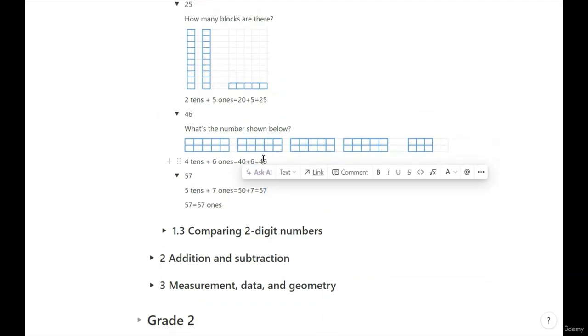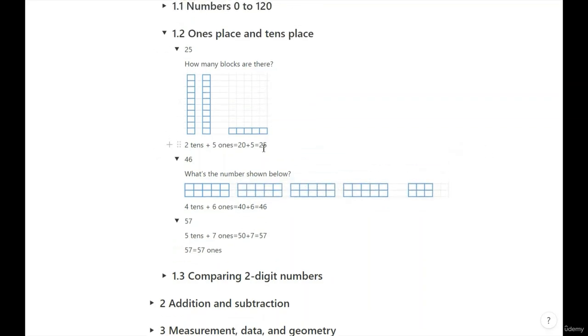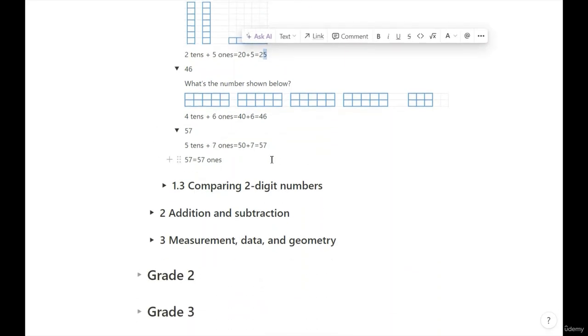It's the same. For 46, 4 is tens place, 6 is ones place. Same for 25, 2 is the tens place, 5 is the ones place. Also, we can see 57 as 57 ones.